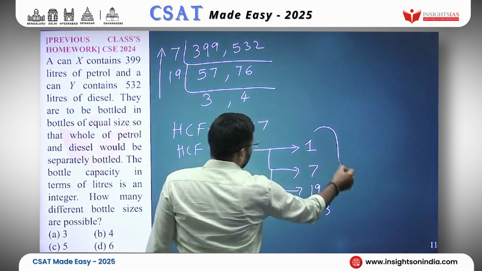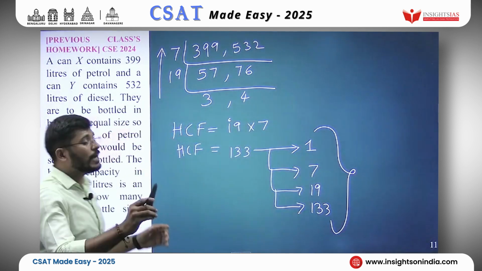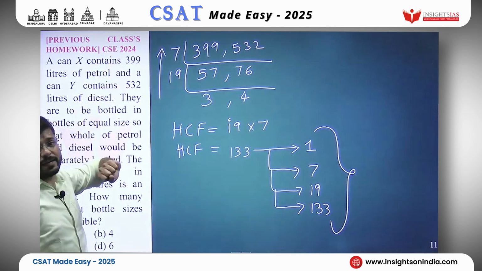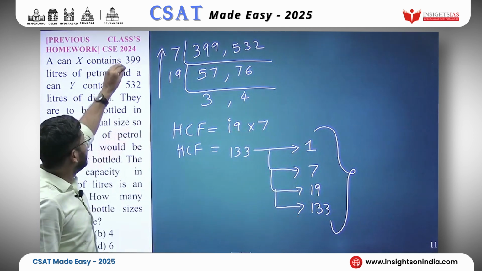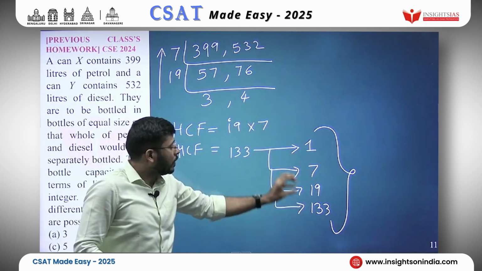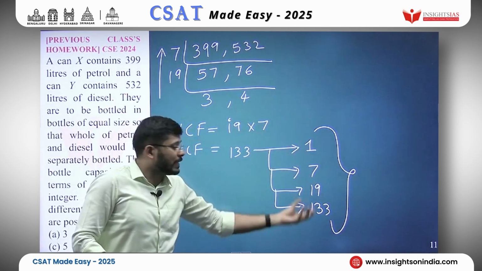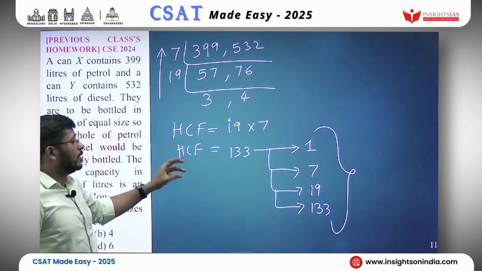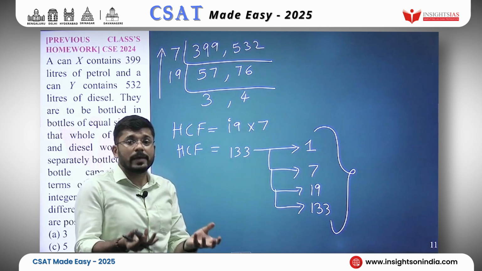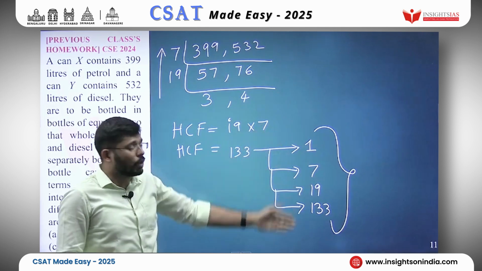So there are 4 numbers that will divide both 399 and 532, and you can use bottles of this much capacity to hold both petrol and diesel. If you want to hold both of them in equal capacity bottles, you can use all 4 of them.